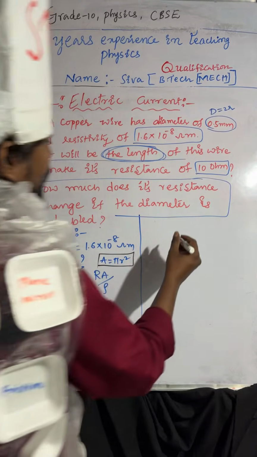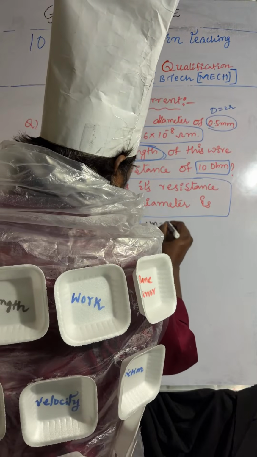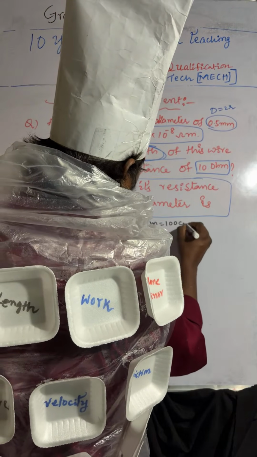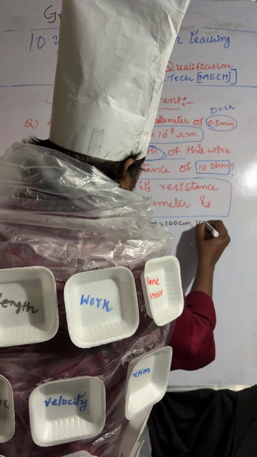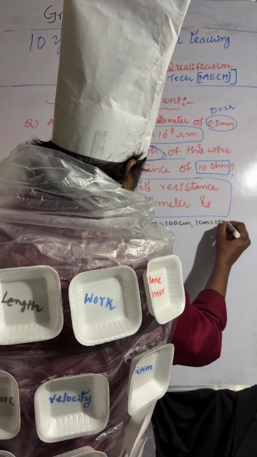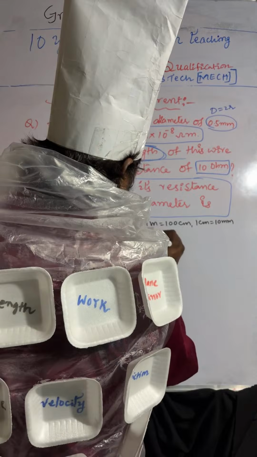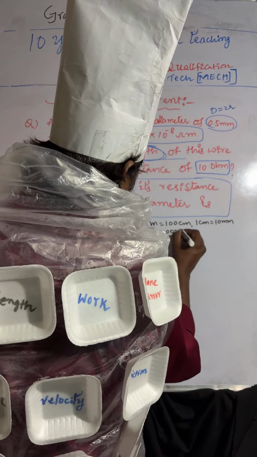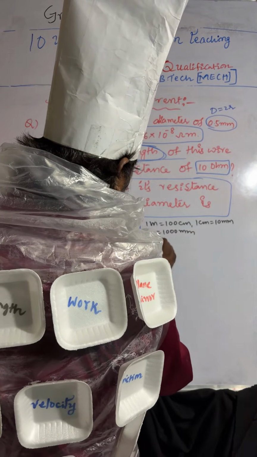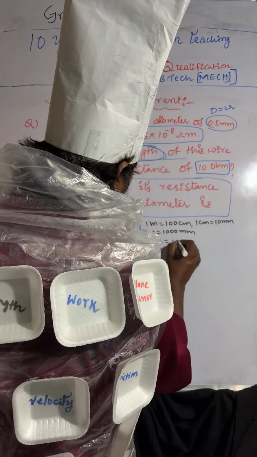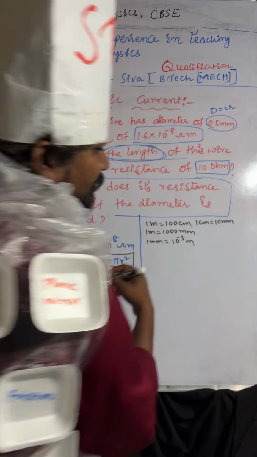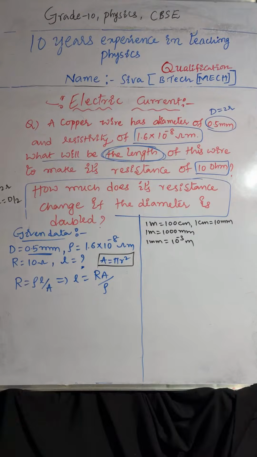So, 1 meter equal to 100 centimeter, 1 centimeter equal to 10 mm, then you will get 1 meter equal to 1000 mm. So 1 mm equal to 10 power minus 3 meter. Understood or not?